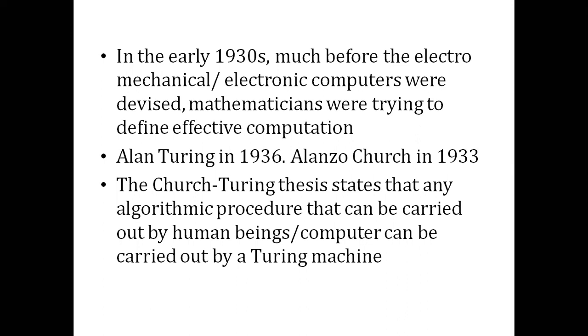And then they came up with this model called the Turing machine, wherein they say that if a problem is solved by the computer, then it can be modeled with the help of a Turing machine. Rather, it is easier to understand when we say that if there is a problem which a Turing machine can model, then definitely that is a computational problem which can be solved by a computer.